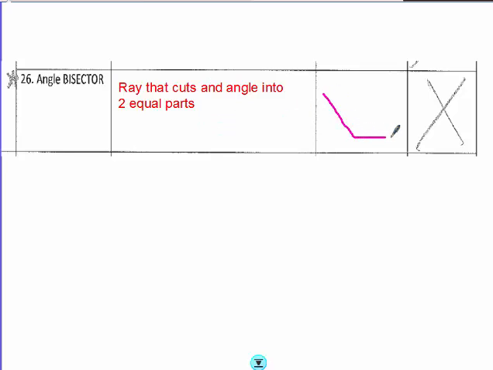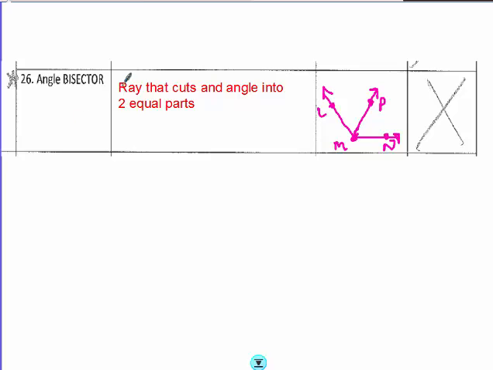So if I have an angle going like this, let's call it LMN. If I have a ray that comes through the middle here, let's put the point P there on that, it's going to split angle LMN in half.